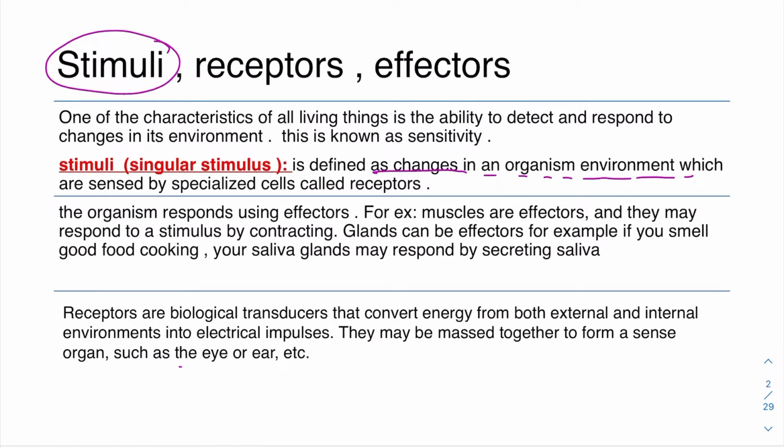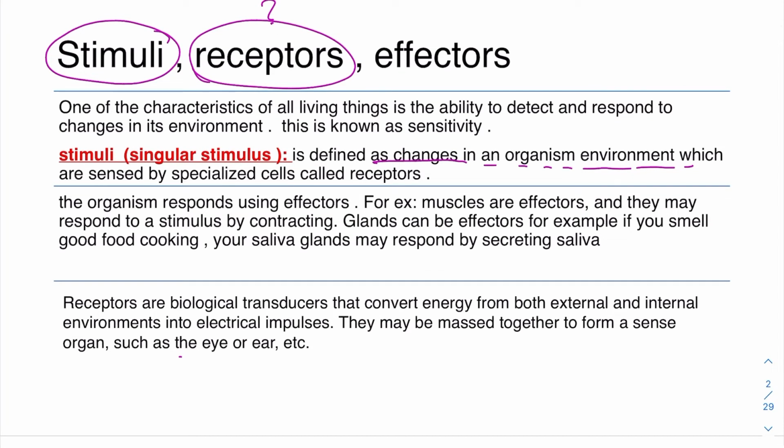But how about receptors? What are receptors? Receptors actually are biological transducers. Transducers mean those devices that can convert some forms of energy to electric signals.